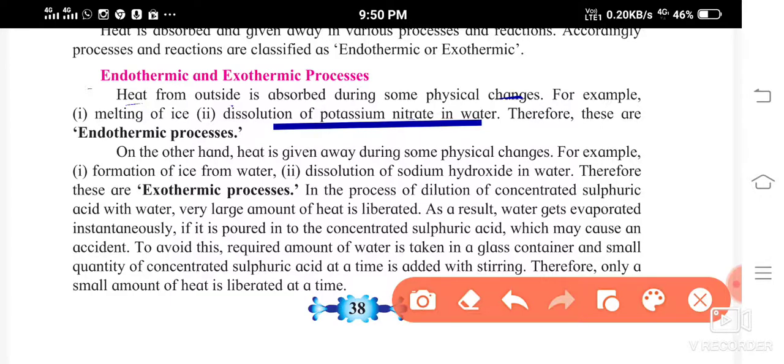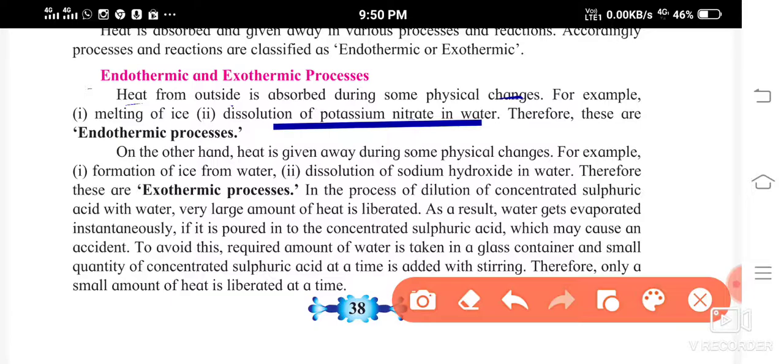You will feel that the temperature of the solution has become less. So this is an example of an endothermic process. One more thing you can do at home: take some salt and put it in water. You will observe that the temperature of the water has fallen. Therefore, these are endothermic processes.